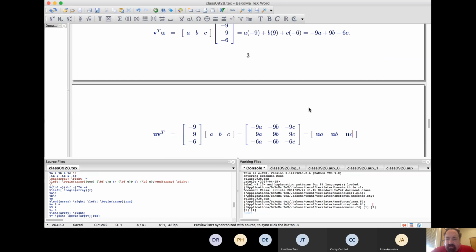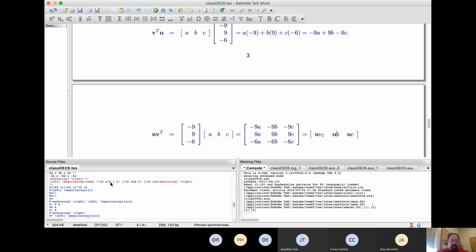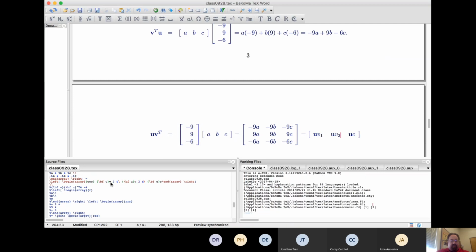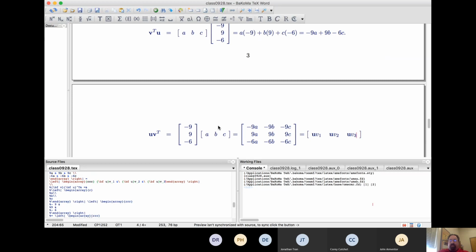So u v transpose is just u times each of the elements of v transpose stacked next to each other. In fact, I could write it this way: a is v1, b is v2, c is v3.